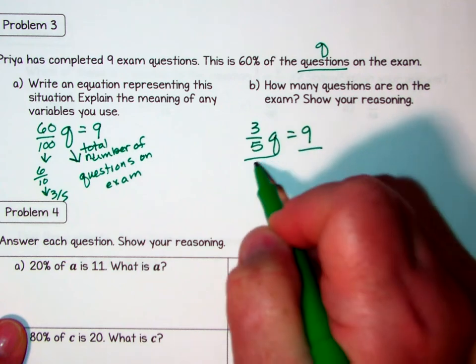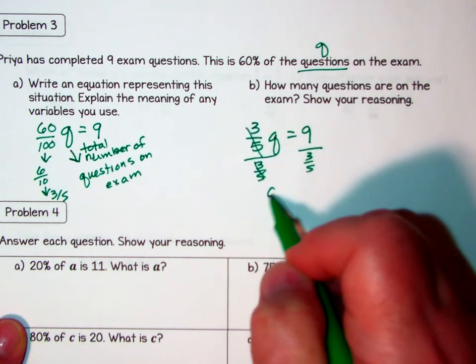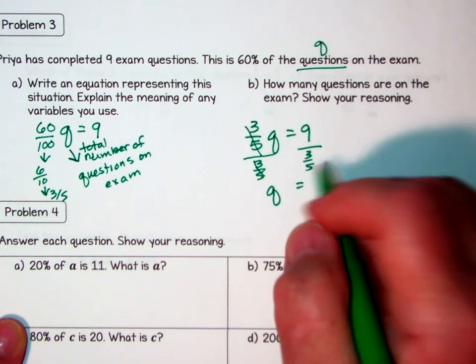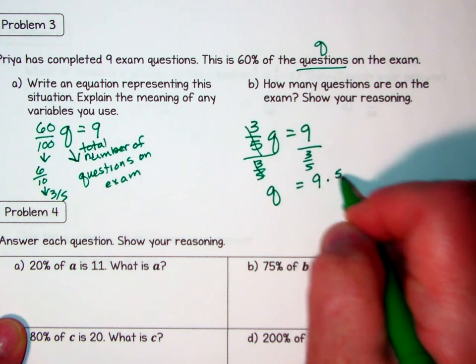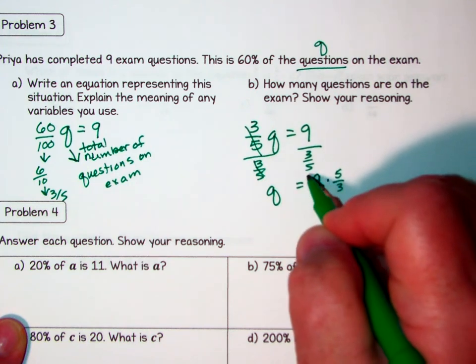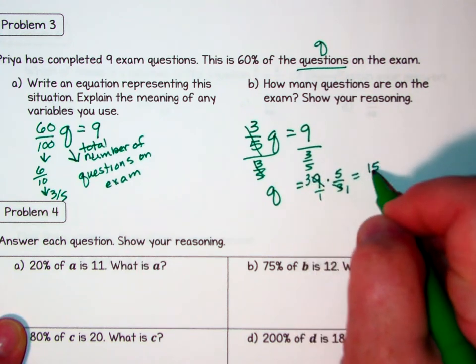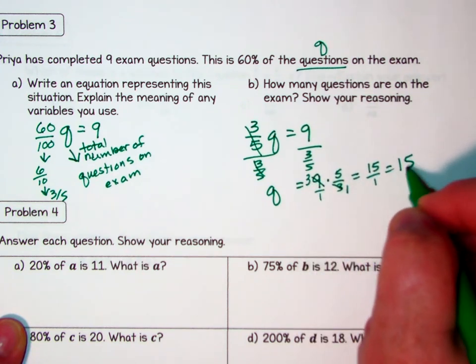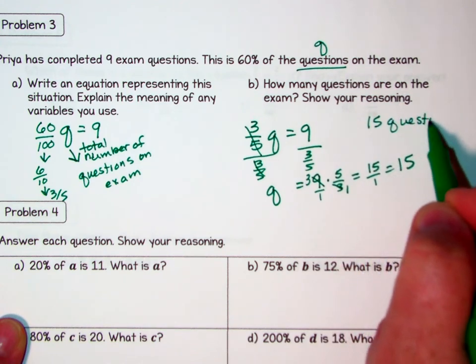Divide both sides by 3/5. So I have 1Q is equal to 9 divided by 3/5, which is going to be the same as 9 times 5/3. 9 and 3 can both be divided by 3. And when I multiply straight across, I get 15/1, or 15. So there are 15 questions on the exam.